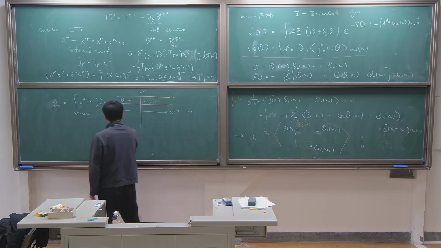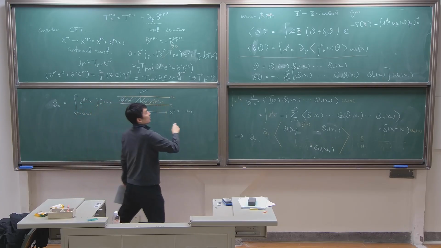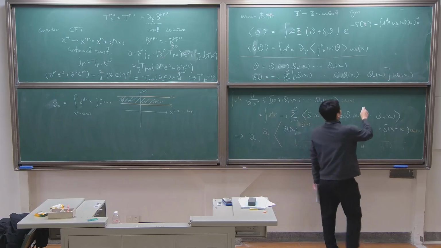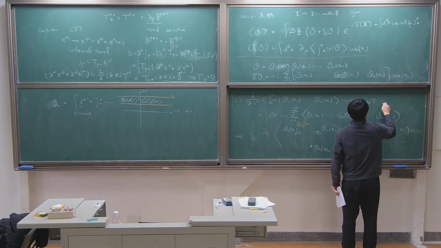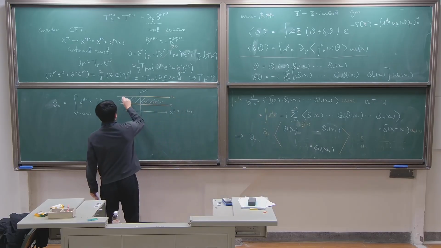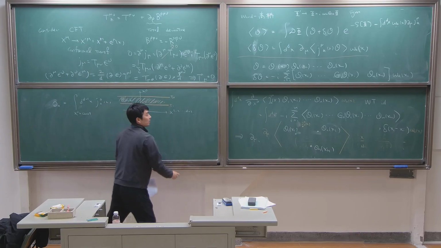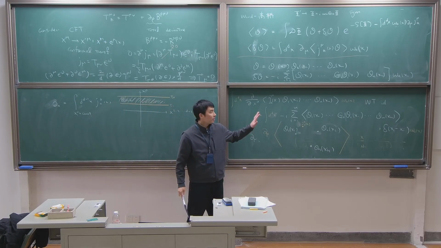If you consider t plus, you integrate all of this Ward-Takahashi identity. So this is called the Ward-Takahashi identity. Integrate out all this Ward-Takahashi identity in this region.